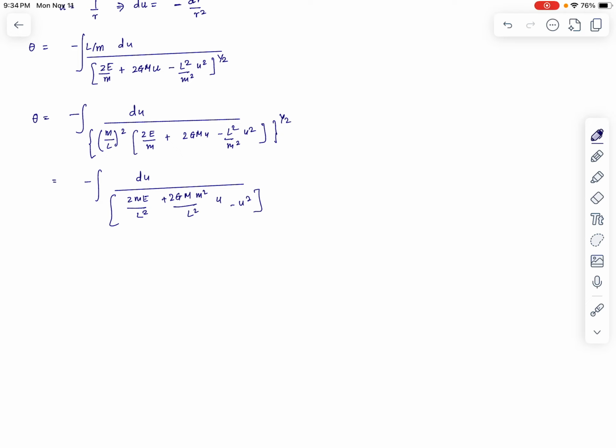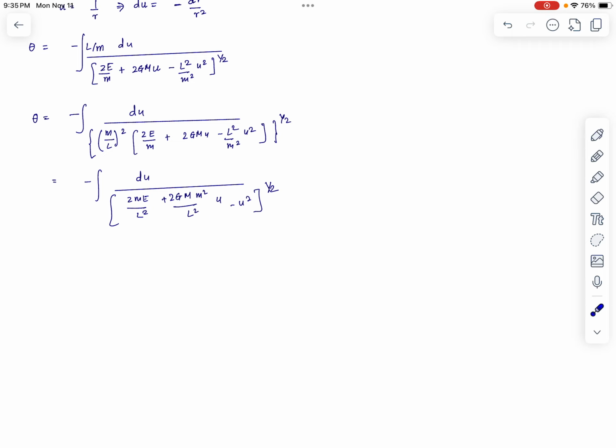So now let's take this equation, and let's take the denominator here, and let's try to factorize that, okay. So what we do here is that we set this particular term equal to b, okay.